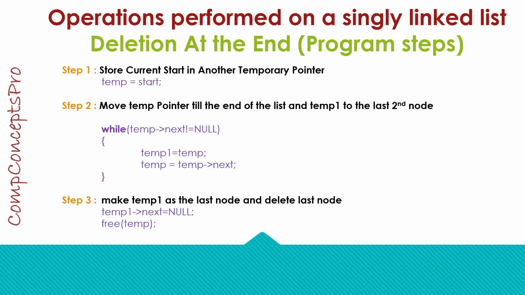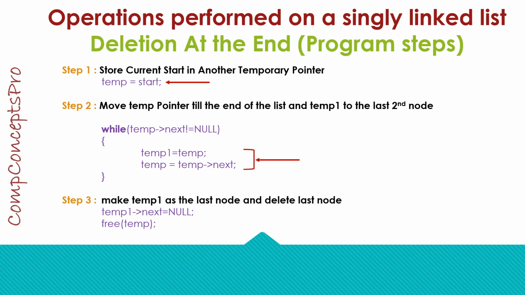So programmatically we have to write these steps for deletion at the end. First we'll assign a temp pointer, same as start. Then inside a while loop we'll assign one more pointer, temp1, same as temp, and keep shifting temp to the next node in each iteration.